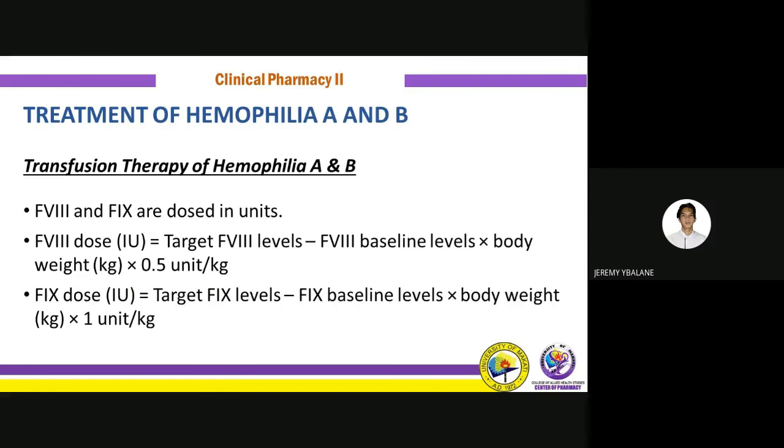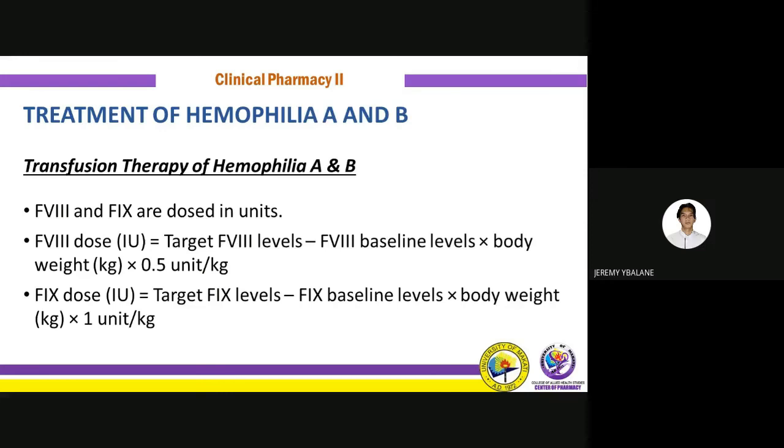In 1 ml of normal plasma, 1 unit of factor VIII per kilogram of body weight increases the plasma factor VIII levels by 2%. One can calculate the dose needed to increase the factor levels to 100% in a 70 kilogram severe hemophilia patient with lesser than 1% using the simple formula.